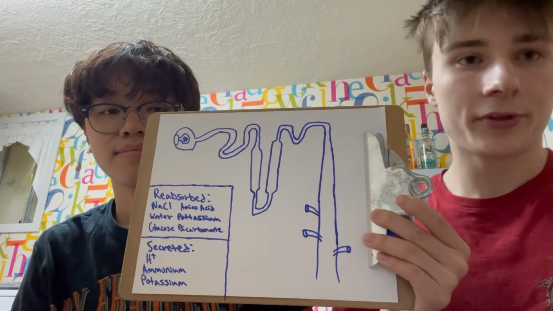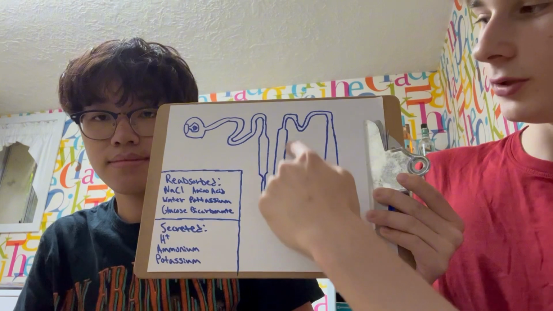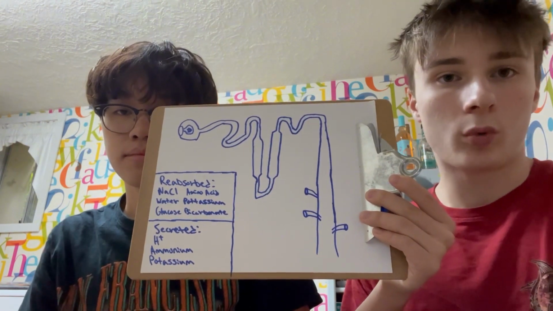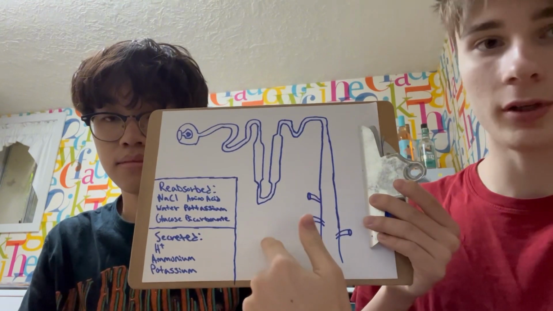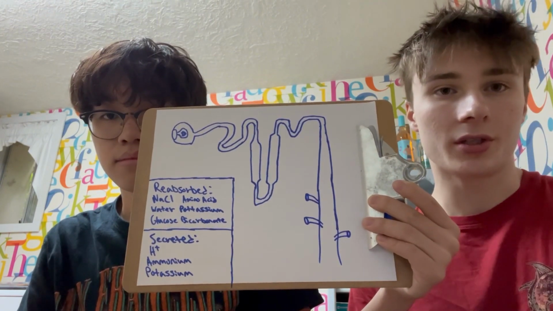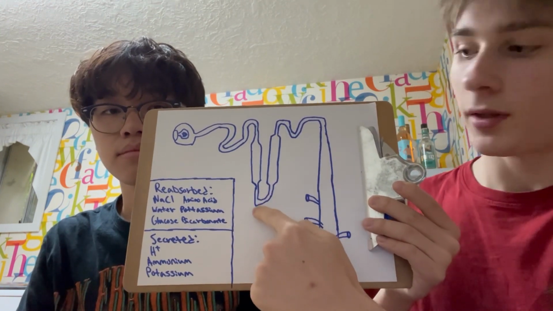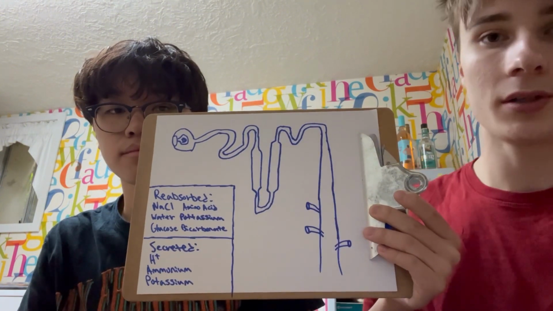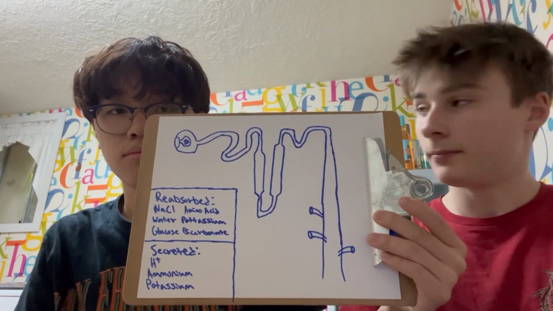Exactly. So after the proximal tubule, we have the loop of Henle, which is this big sort of U shape here. And so in the loop of Henle, water travels back into the interstitial fluid, which is outside of the nephron, and this is via osmosis. In the bottom of the loop of Henle here, NaCl, or salt, diffuses out into interstitial fluid as it follows a concentration gradient. Right.